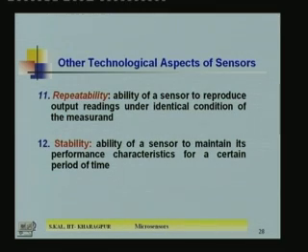So, with this I gave an introduction to the microsensors, and I will continue on this topic in the next lecture also, and then I will discuss the evolution of these MEMS sensors as well as market survey. Okay. Thank you. Let me stop here.